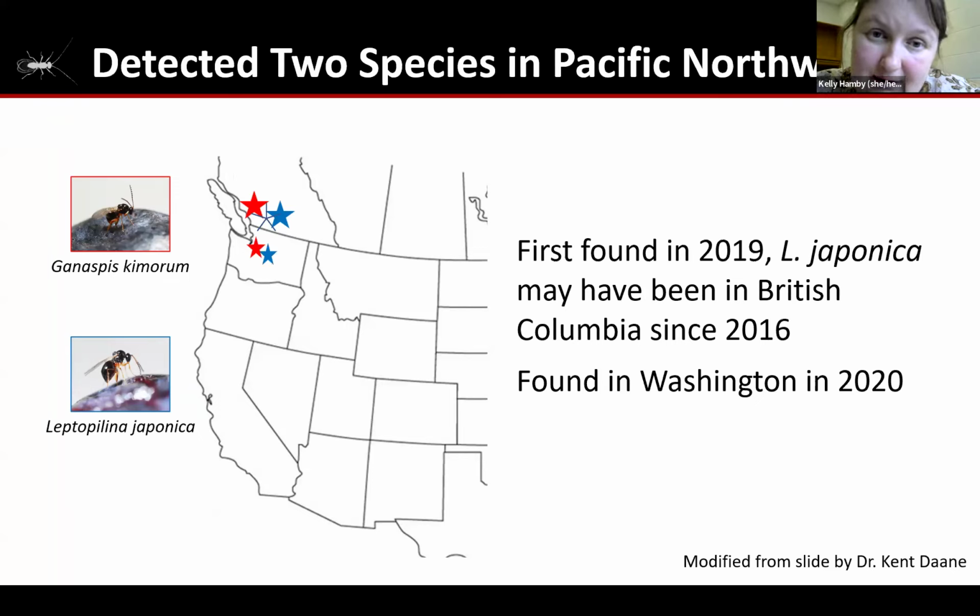They found that Leptopilina japonica, the other species that we don't have a permit for, established itself in British Columbia. It's probably been there since 2016, but it was first found in 2019. It was also found in Washington in 2020. And they also found Ganaspis kimorum that had made its way over here by itself. So in the Pacific Northwest, both species had established by themselves.